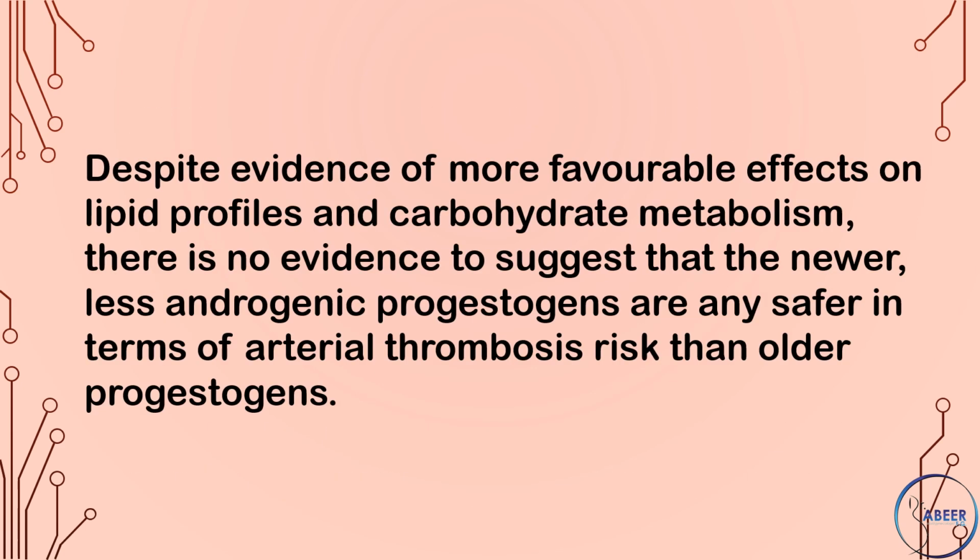Despite evidence of more favorable effects on lipid profiles and carbohydrate metabolism, there is no evidence to suggest that the newer, less androgenic progestogens are any safer in terms of arterial thrombosis risk than older progestogens.